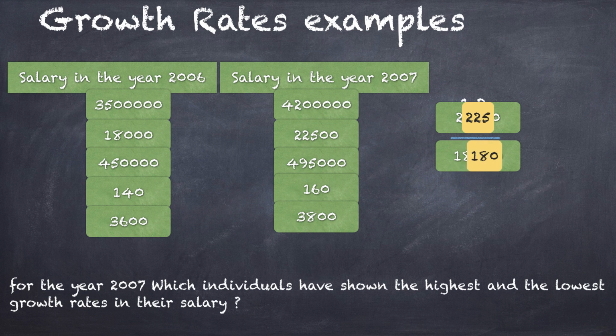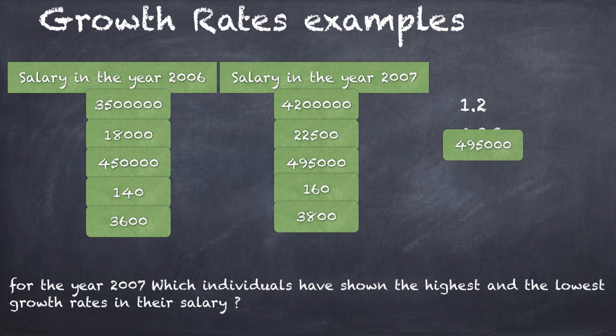Let's look at the second piece of data. In that case, it would be 22,500 divided by 18,000. If I simplify it, it will become 5 by 4 eventually, and 5 by 4 becomes 1.25. So the value of this ratio is 1.25. Try it for the third one. It's 4,95,000 divided by 4,50,000.